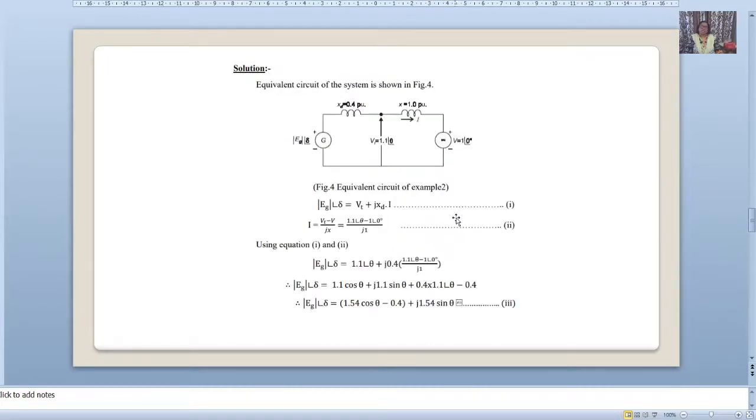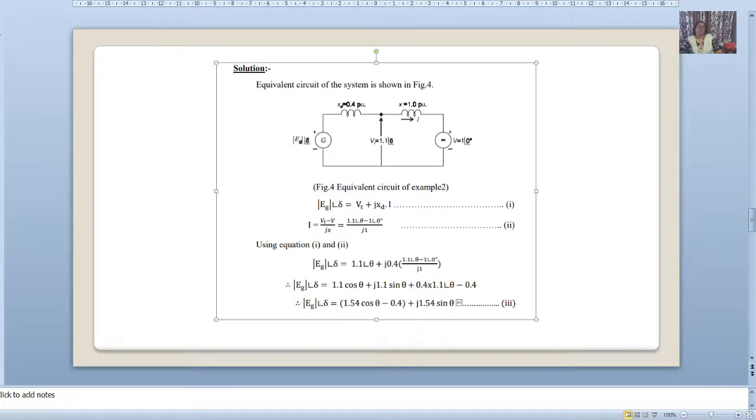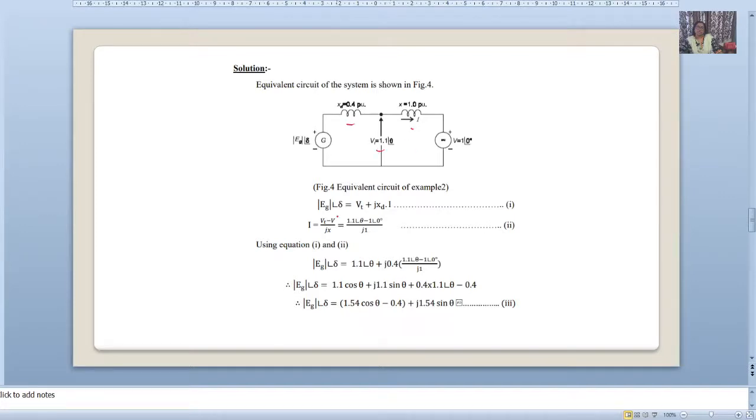Now we'll draw this. E at an angle of del is equal to Vt plus j xd into I. By simple Kirchhoff's law, this is Vt plus I into xd. This is our first equation.